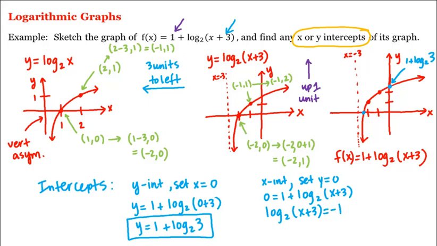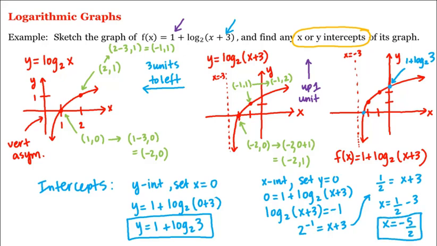And now rewriting this in exponential form gives us 2 raised to the negative first power is equal to x + 3, or 1/2 = x + 3. And then subtracting 3 from both sides gives us x = 1/2 - 3, or x = -5/2. So this is our x-intercept. That is, the x-coordinate of this point here is -5/2.